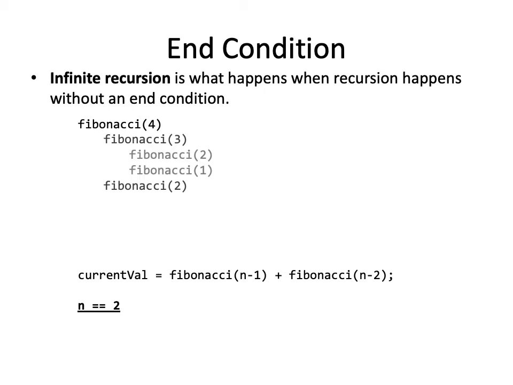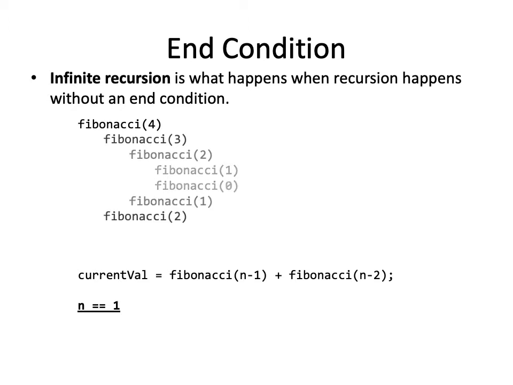So Fibonacci 2 is equal to Fibonacci 1 plus Fibonacci 0. Okay, we can do that. Fibonacci 1 and Fibonacci 0. Fibonacci 1 is going to be equal to Fibonacci 1 minus 1 plus Fibonacci 1 minus 2. So Fibonacci 1 is going to be equal to Fibonacci 0 plus Fibonacci negative 1.